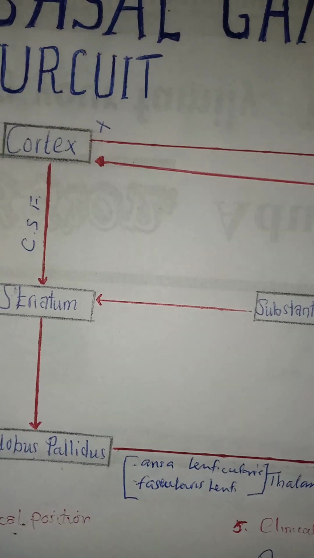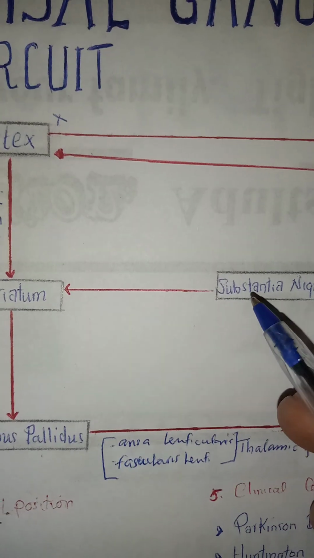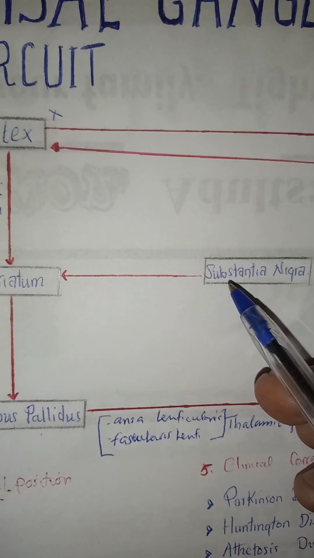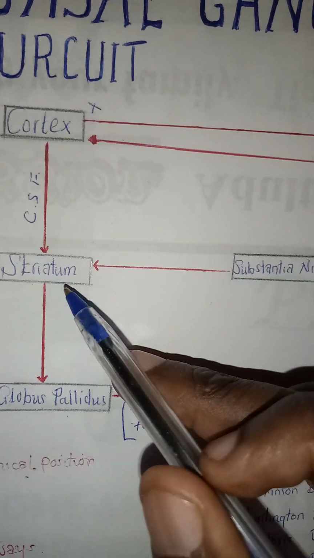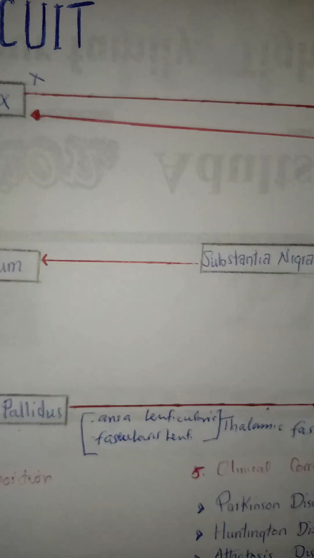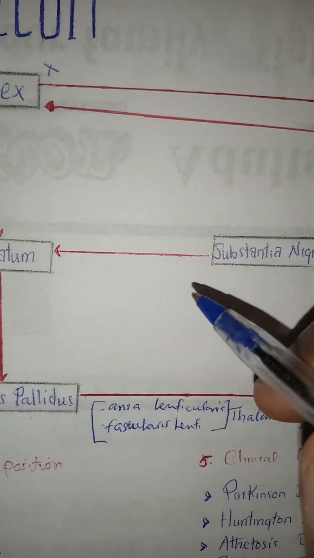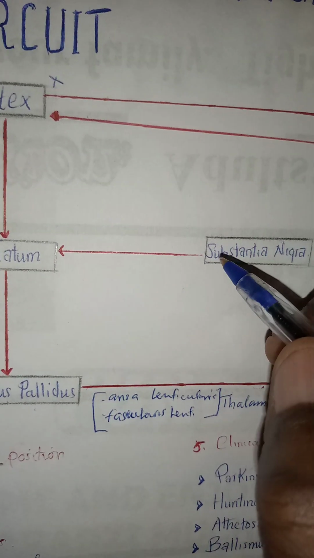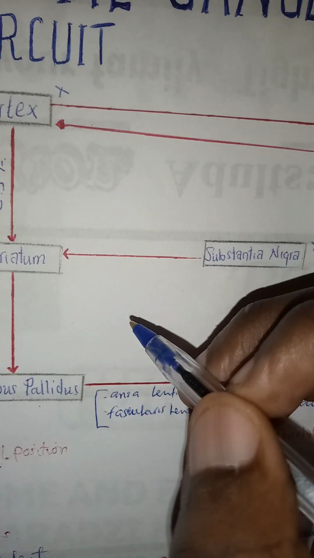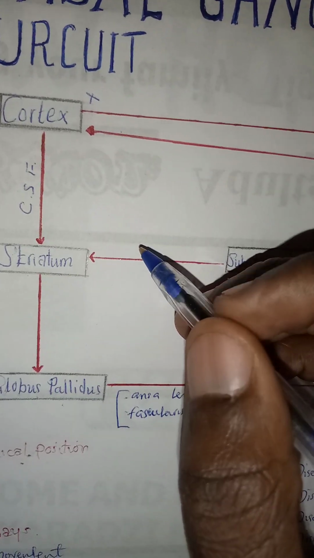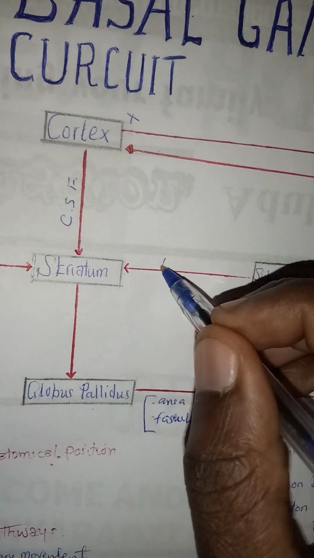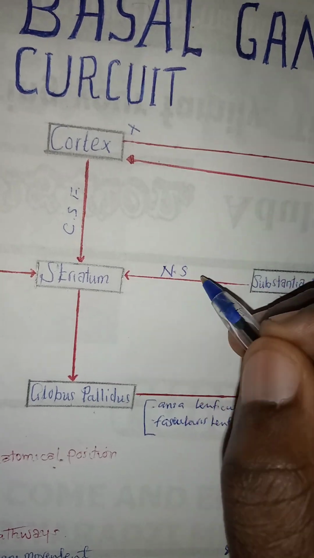Okay, and then the substantia nigra is also sending fibers to the striatum, and we have already discussed this in a separate video, so if you haven't watched, you can watch it. But the fibers which are coming to this side are called nigrostriatal fibers.